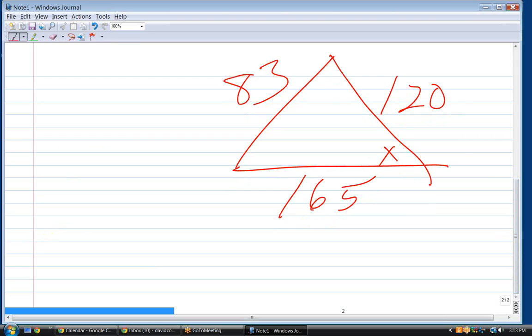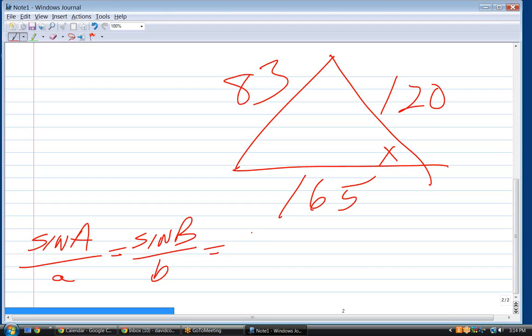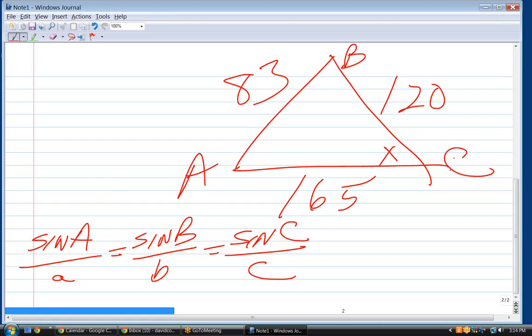The law of sines says that within any triangle, this is true. The relationship of the sine of an angle and its opposite side is the same ratio with any triangle.